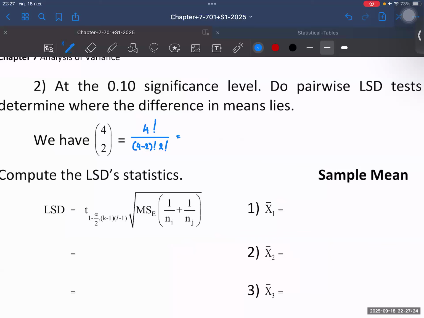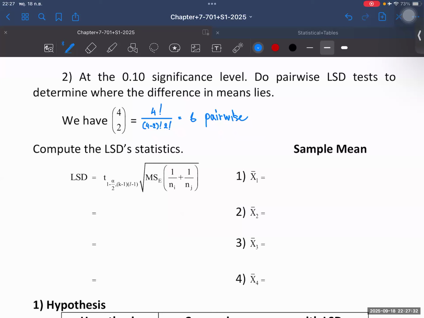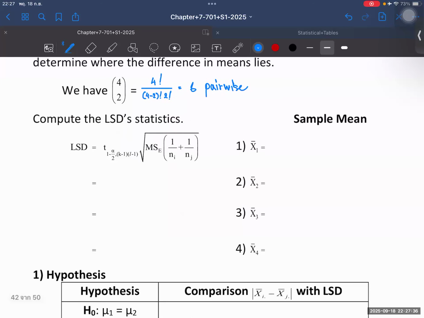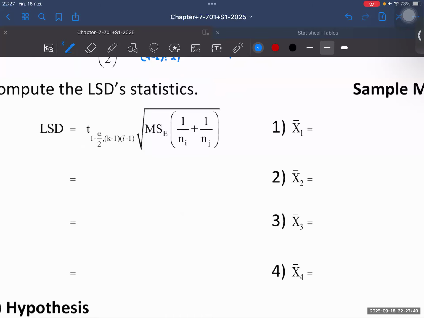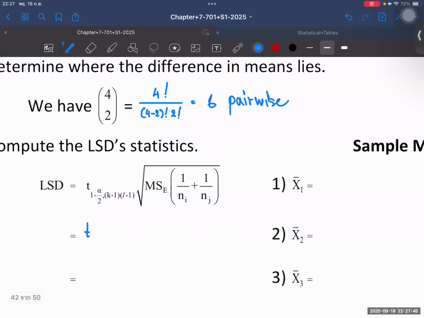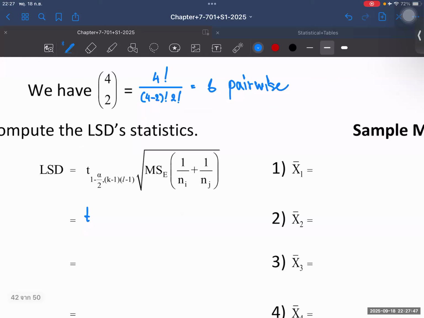So you will get 6 pairwise. Okay. So we calculate the LSD statistic right now. Okay. And we get the t of 0.95.